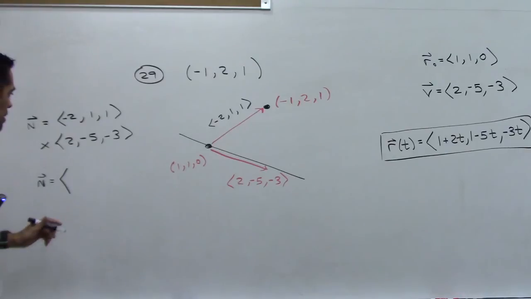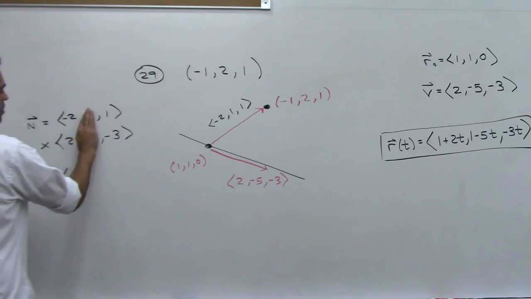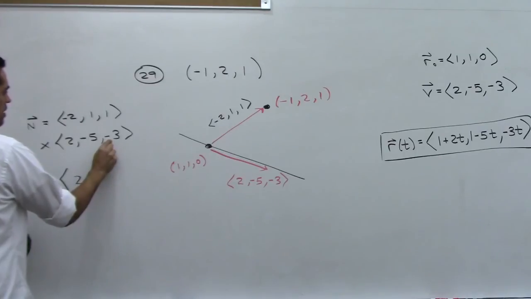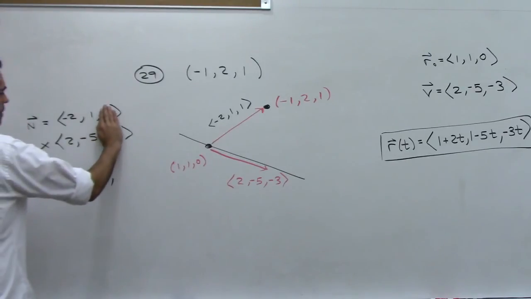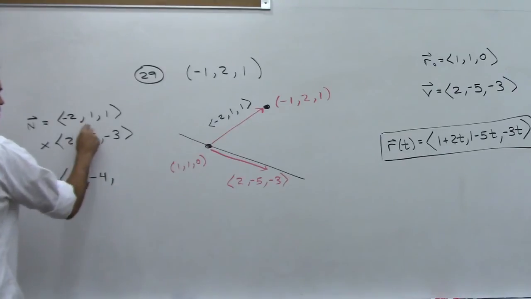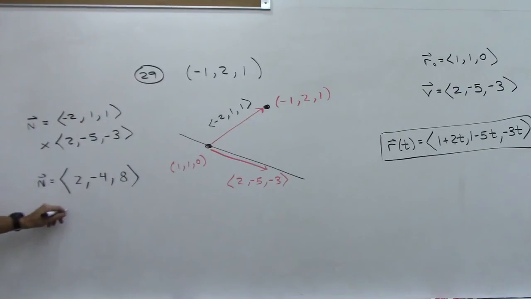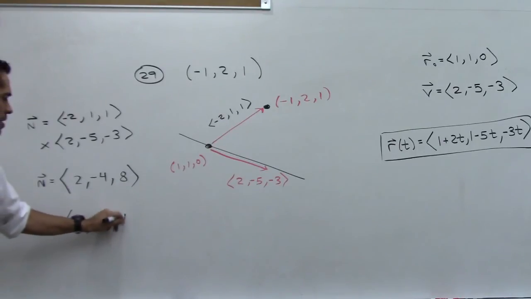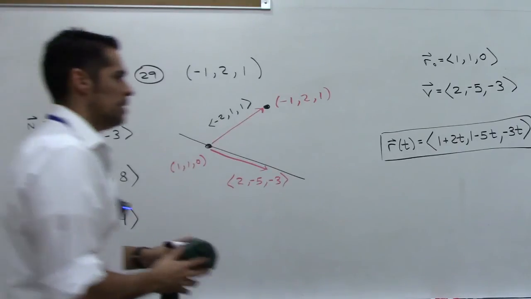That's the same as negative 3 plus 5, so that's 2. Cover up this one. We've got 6, take away 2, 4, but then change the sign, so negative 4. And then finally, cover this up. 10, take away 2 is 8. Hey, they're all divisible by 2. I think I'll use 1, negative 2, 4 instead. You could use that, but I'm just going to make it a little easier.